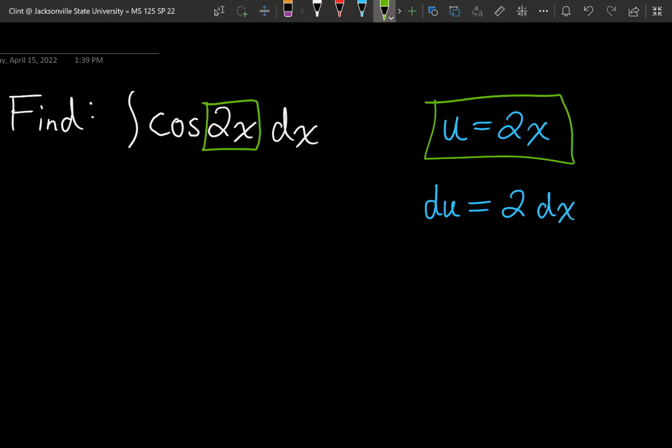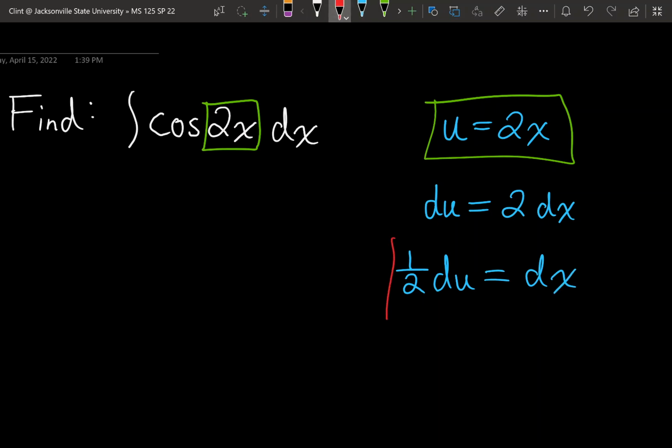We just need dx. So if we have 2dx and we just need dx, what can we do? Yeah, we can divide both sides by 2. Or what's probably a little more convenient way to think about it is we can multiply both sides by 1/2. So we end up saying half of du is just dx.